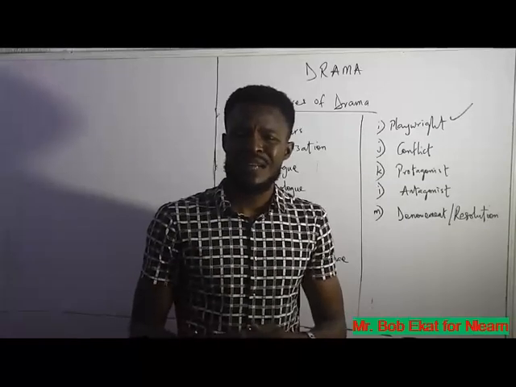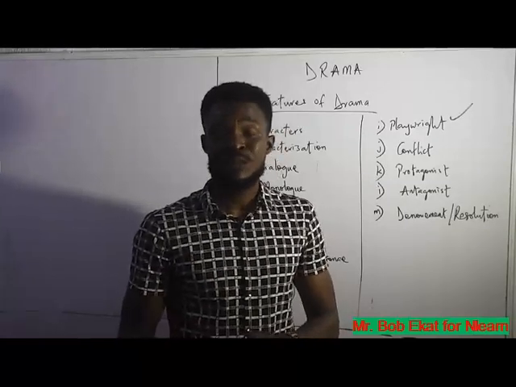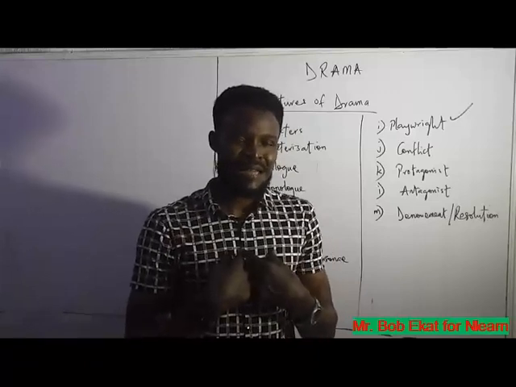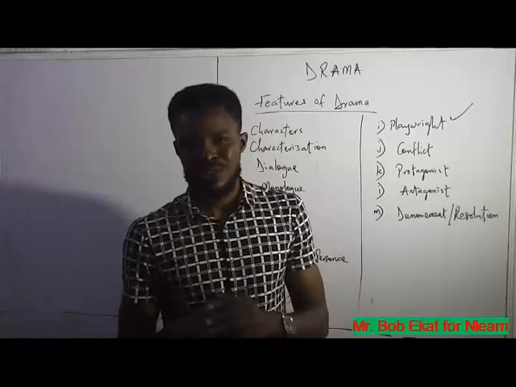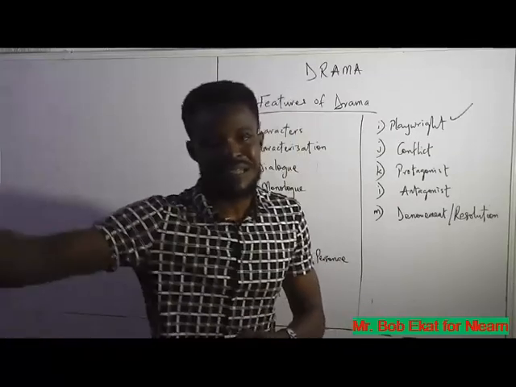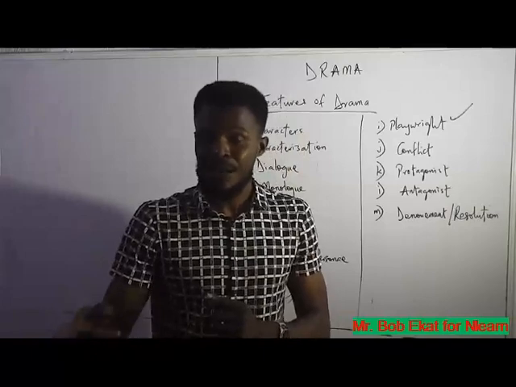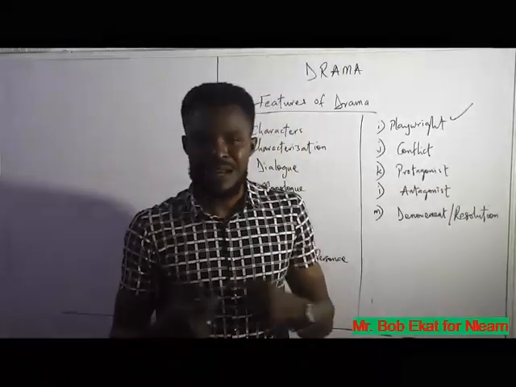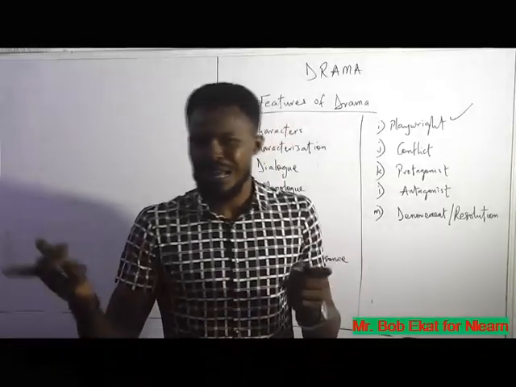And most often the playwright is not the person who directs the play on stage. I can write a play and somebody else chooses, or I bring somebody else on board to direct the play on stage, because that person may be better at directing than me. So you most often have playwrights who are not directors.